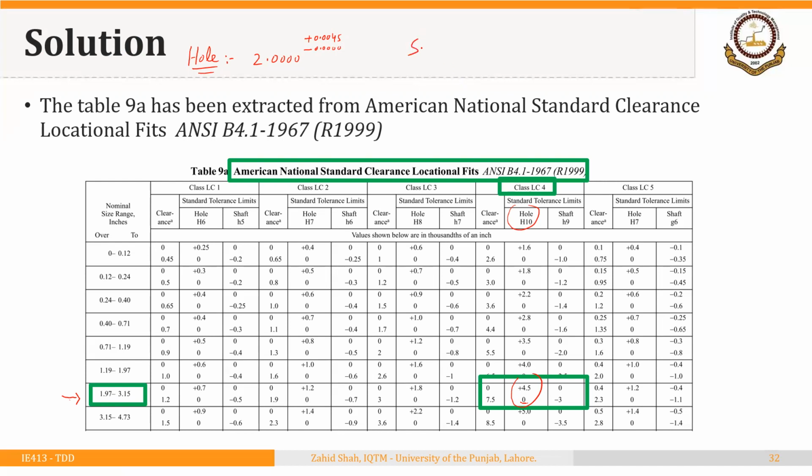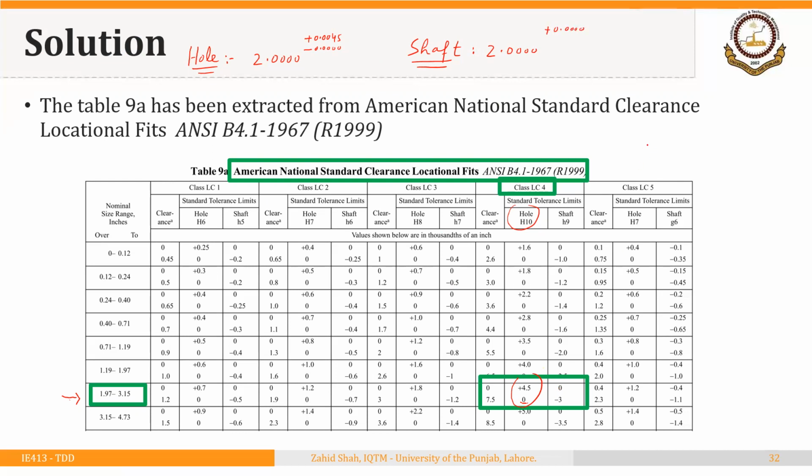Similarly, for the size of the shaft, first we need to determine the basic size of the shaft. That will be equal to the upper limit. You can notice that the upper limit is 2 plus 0, so that will become a basic size of 2 plus 0.